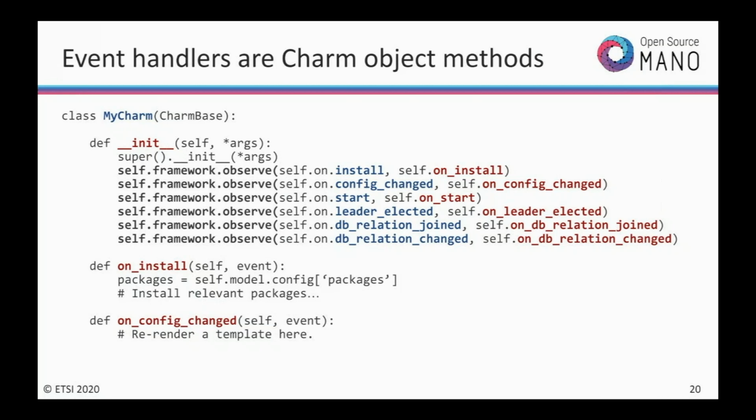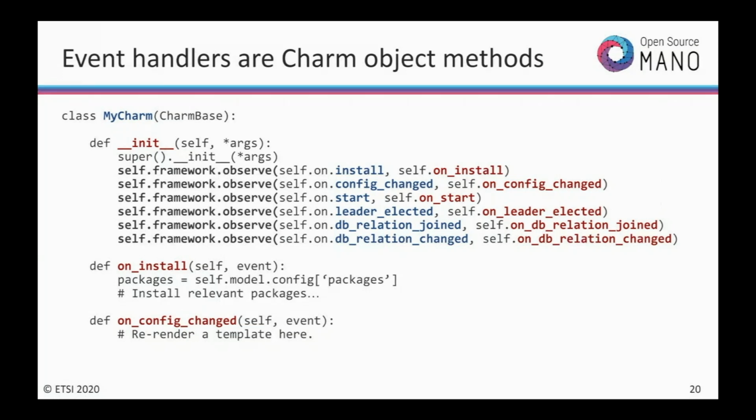So as you can see here, the install method of your charm handles the package installation, and the config changed handler would react to a change in config, re-render the template and, say, restart the service. So in each case, you will know what has to happen there.